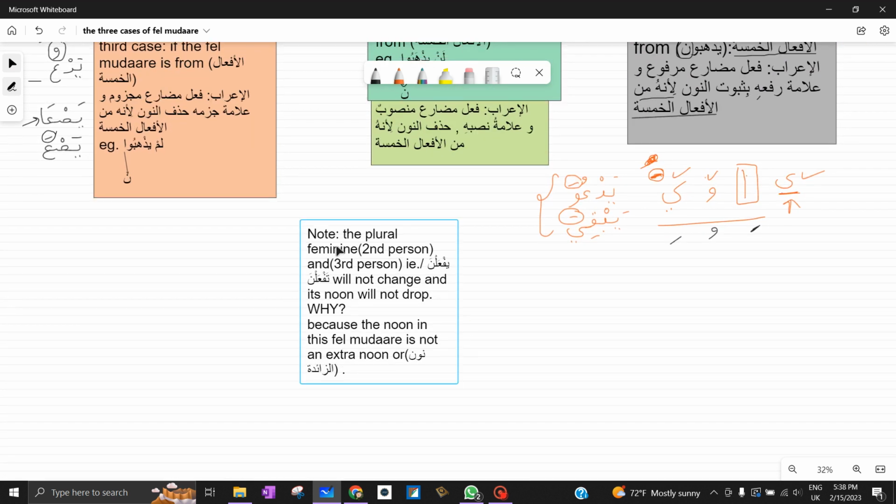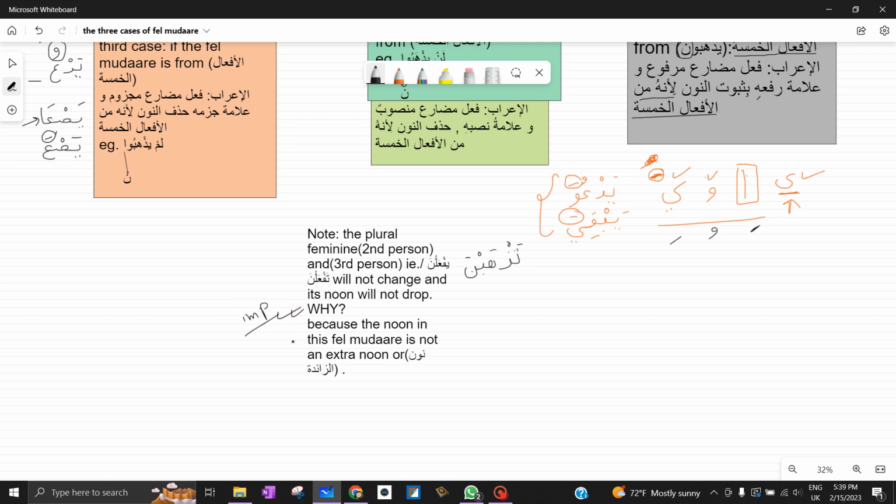Note that it's an important point here, the plural feminine second person, that means yaf'alna, or in this book we did tazhabna, or taf'alna, anything you can take. Taf'alna and yaf'alna, this is for ghaib. Ya represents ghaib and ta represents mukhatib. It will not change and its noon will not drop. Why doesn't it drop?